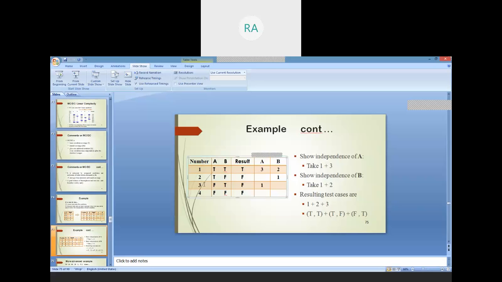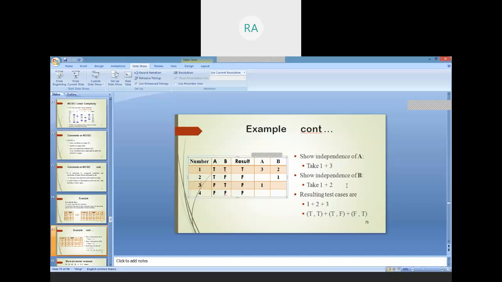Similarly, if I want to prove the independent impact of B on the decision outcome, I have to consider the first test case, wherein the value assumed by B is true, and the second one, where the value assumed by B is false. That is, the first and second should be taken into account.